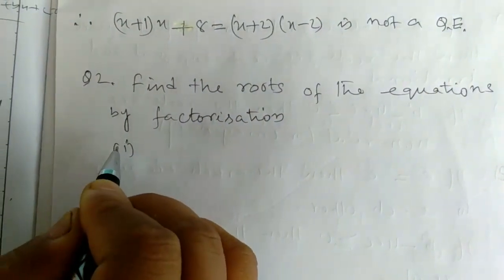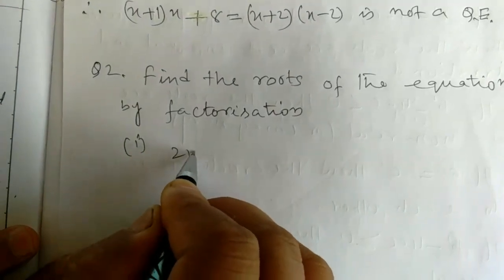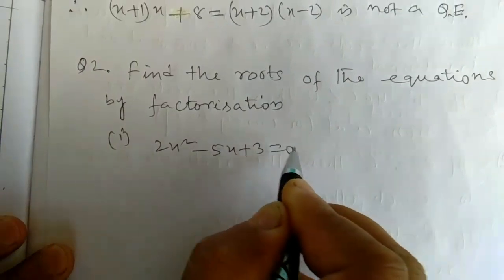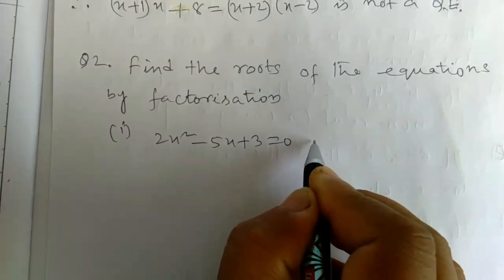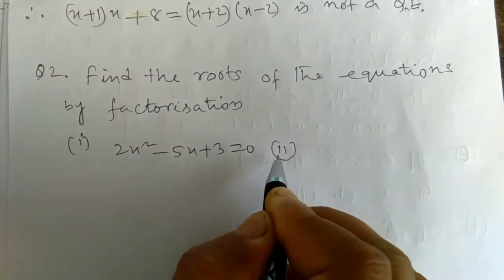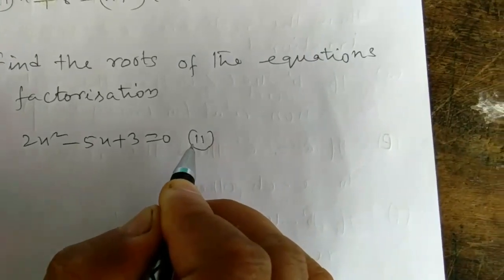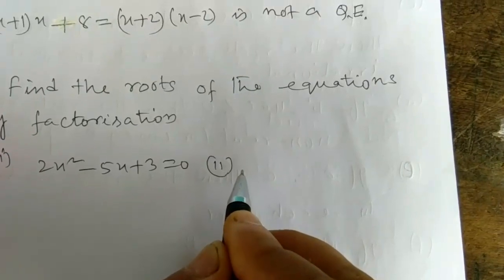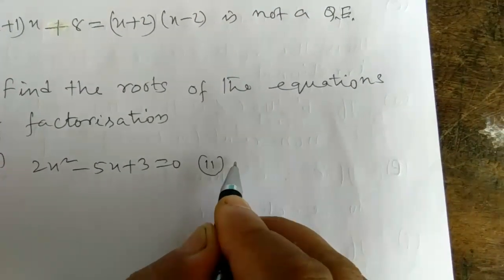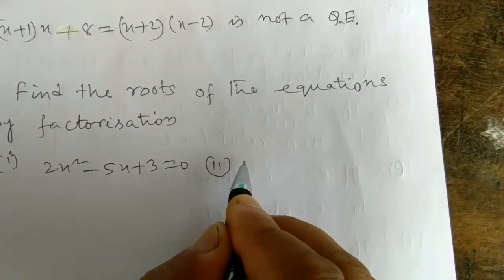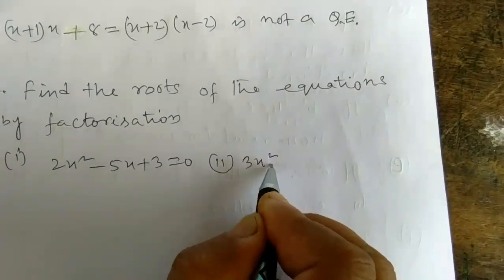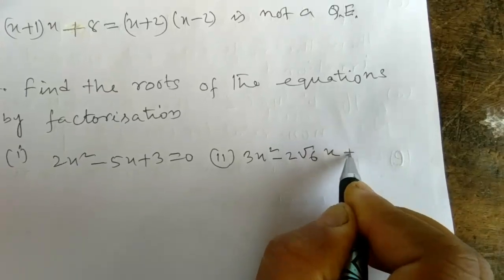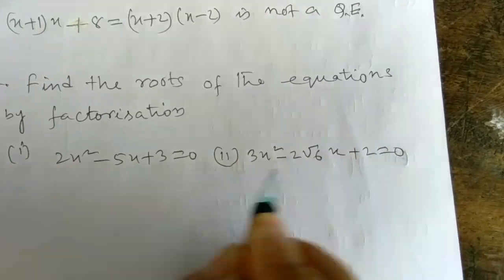Question number 1, twice x square minus 5x plus 3 equal to 0. Question number 2, three x square minus 2 root 6 into x plus 2 equal to 0.